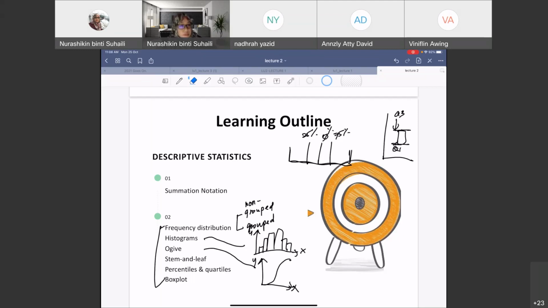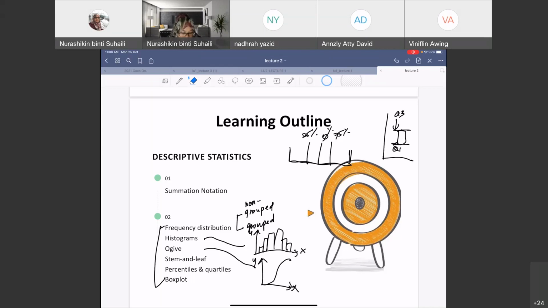You don't have to present the same data in different methods. The reason we have to know all of this is to let you know which one is suitable for your data. Some data is suitable to be presented in a bar graph, some in a pie chart, something like that. Okay, so that's what we covered last week.